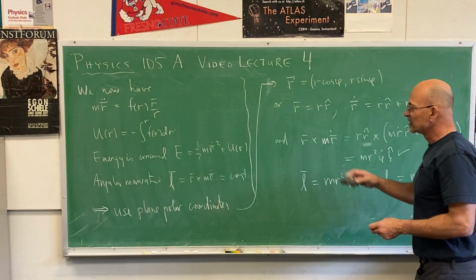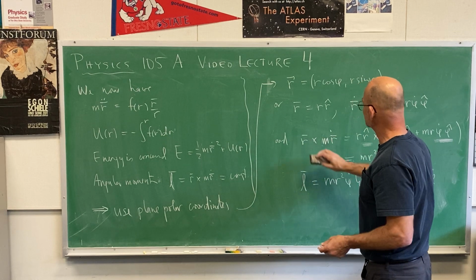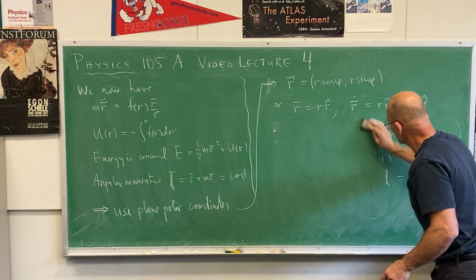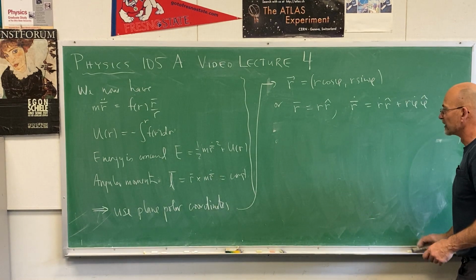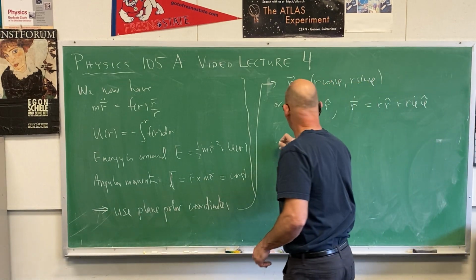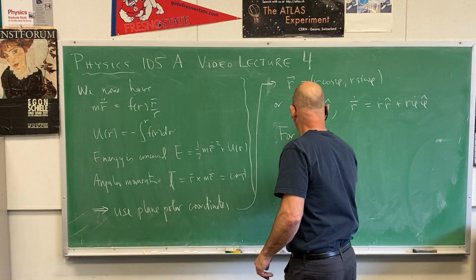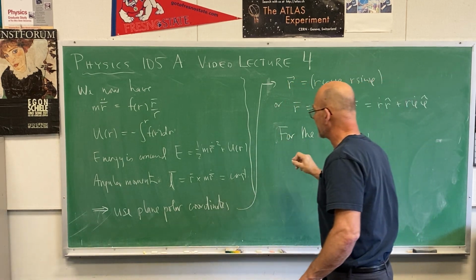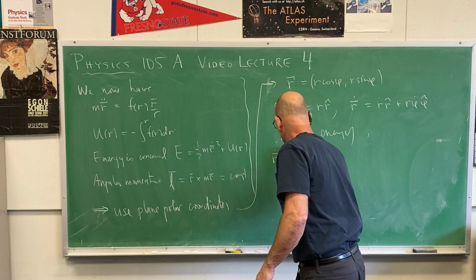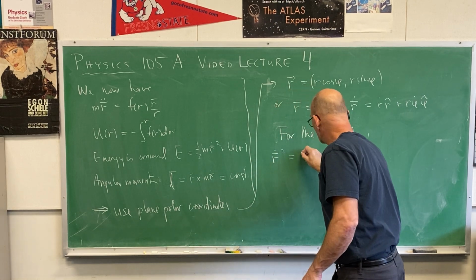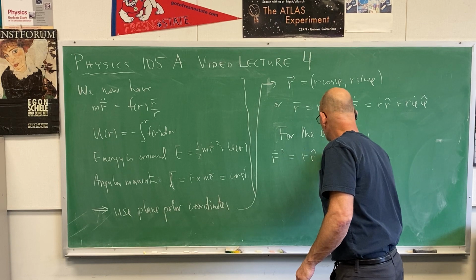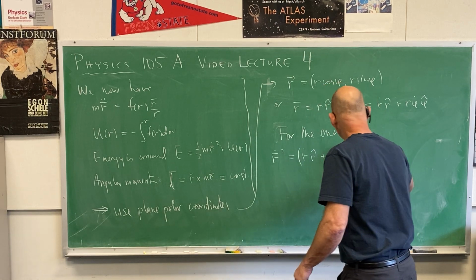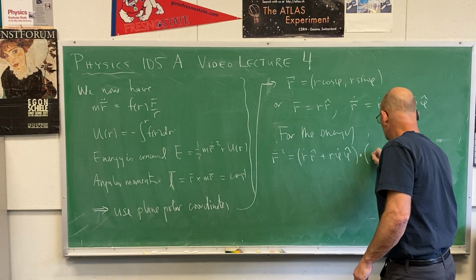Okay, so we were back to the energy here. You see, this is why I discovered my mistake. So, finally, for the energy, we have r dot squared is equal to r dot r hat plus r dot phi hat dotted into itself.